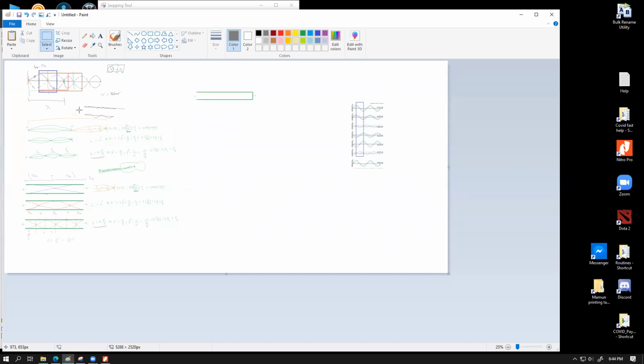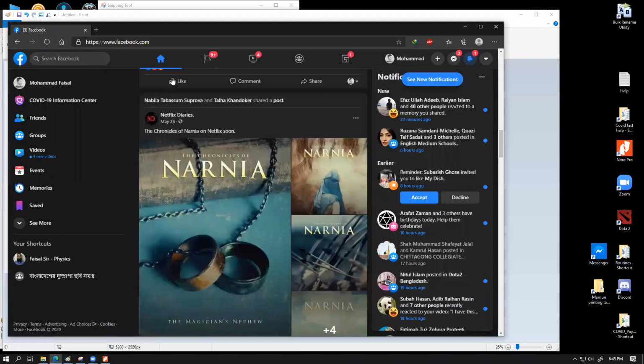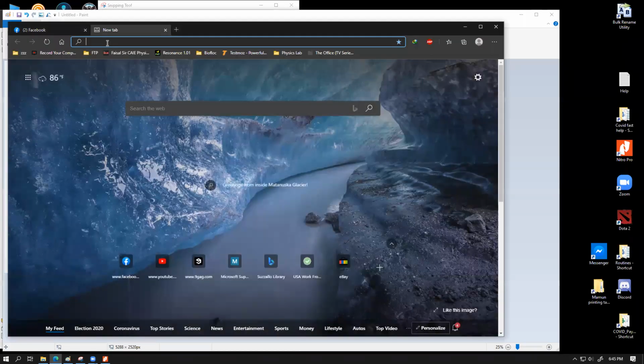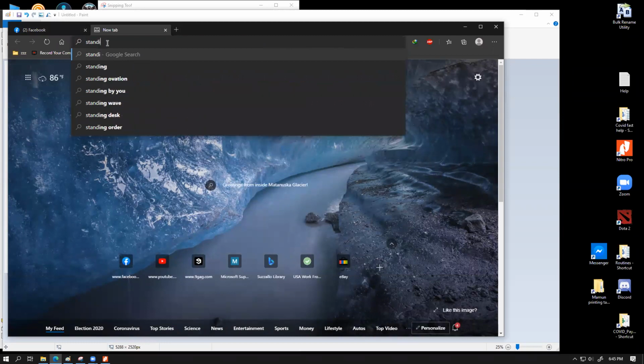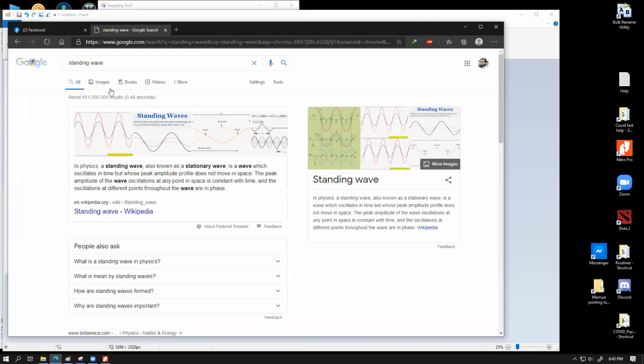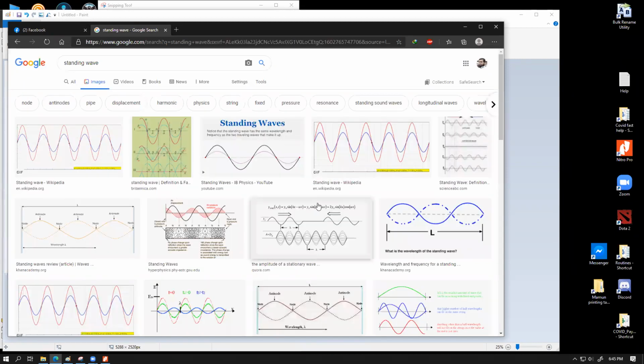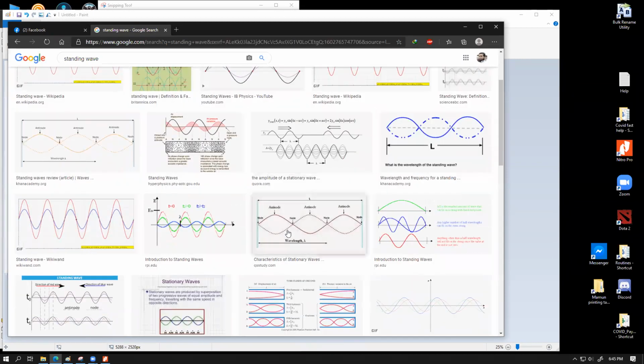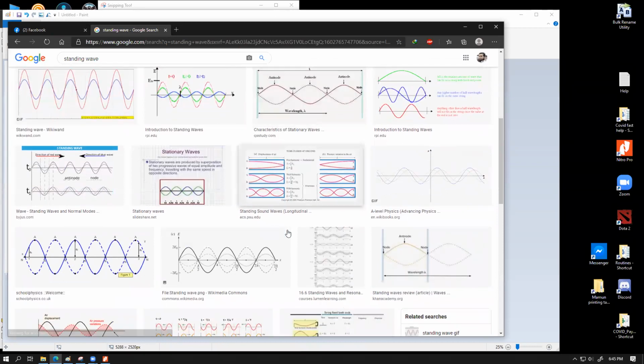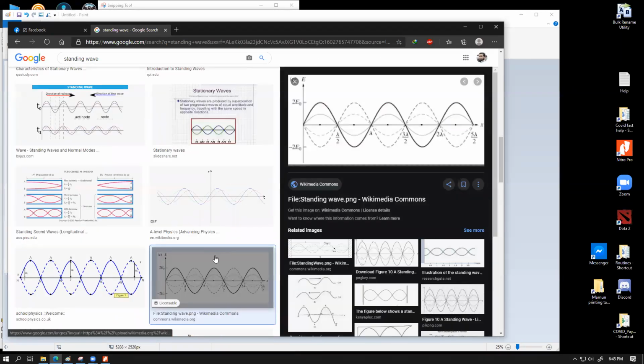This figure is already a bit clumsy, so I'm going to take a new figure of the stationary wave structure, or standing wave structure, to show you what is going to happen over here. Let me copy something from the internet. Maybe I'm going to copy this much.